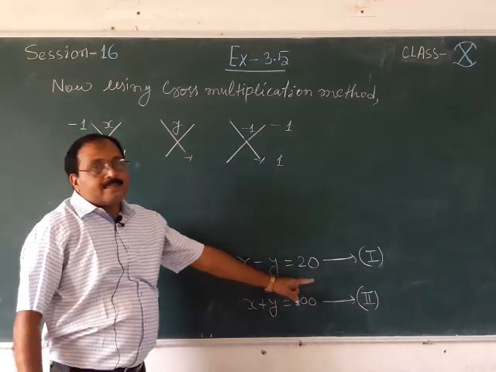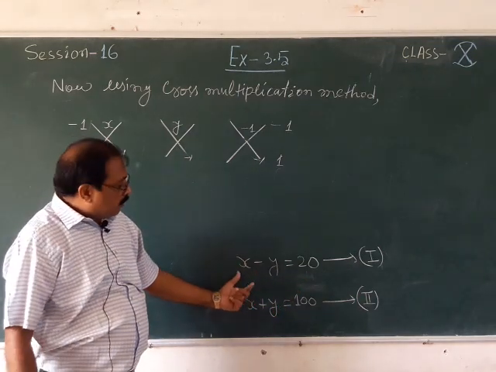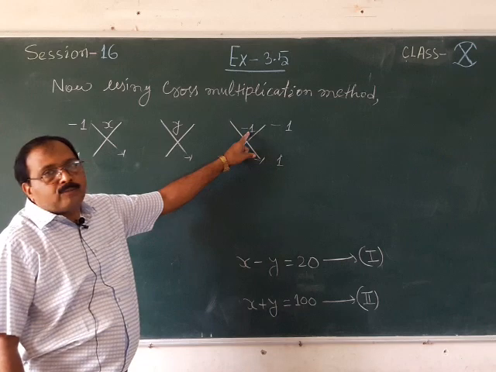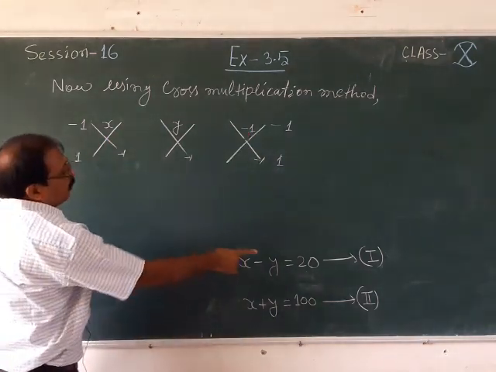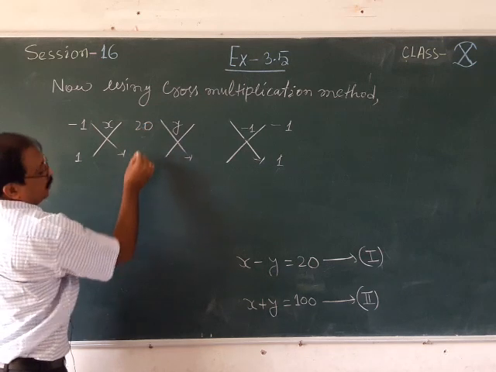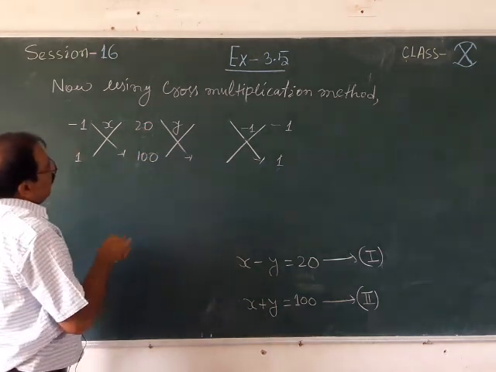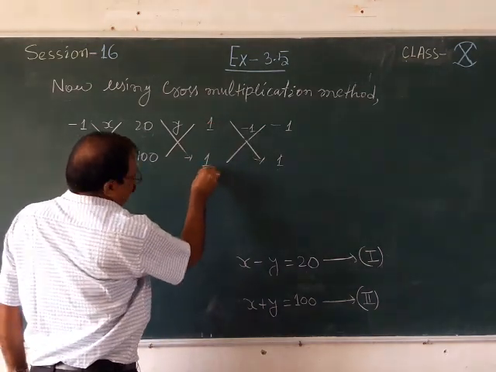Because our C1 and C2 are both on the right side, and our equation is arranged in such a way that we have to write -1 here. Now C1 is 20 and C2 is 100. Then A1 is 1 and A2 is also 1.